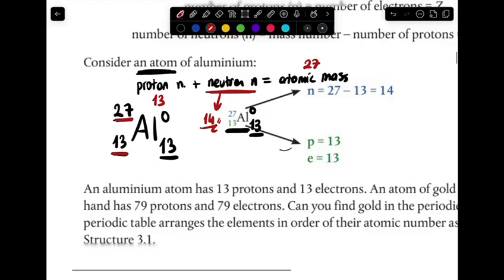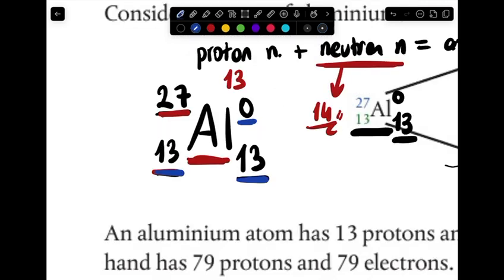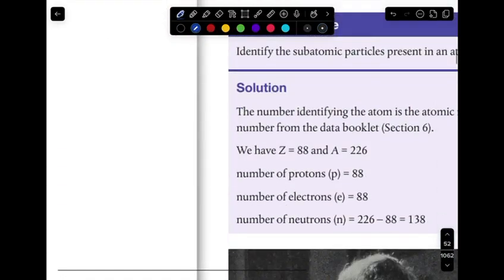Atoms can gain or lose electrons to form ions. Therefore, we can define an ion as a charged particle. In the previous example of aluminium, I said let's assume the ionic charge was 0, so the electron and proton numbers would be the same. However, if this atom gains or loses electrons, it will form an ion, so the ionic charge will not be 0.